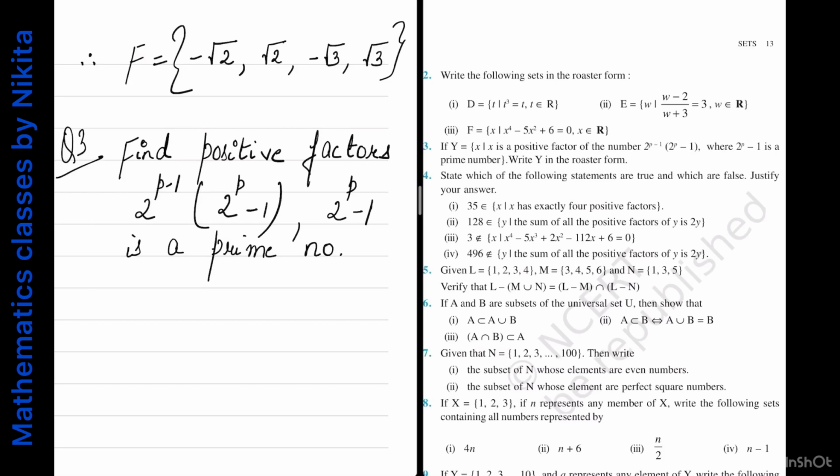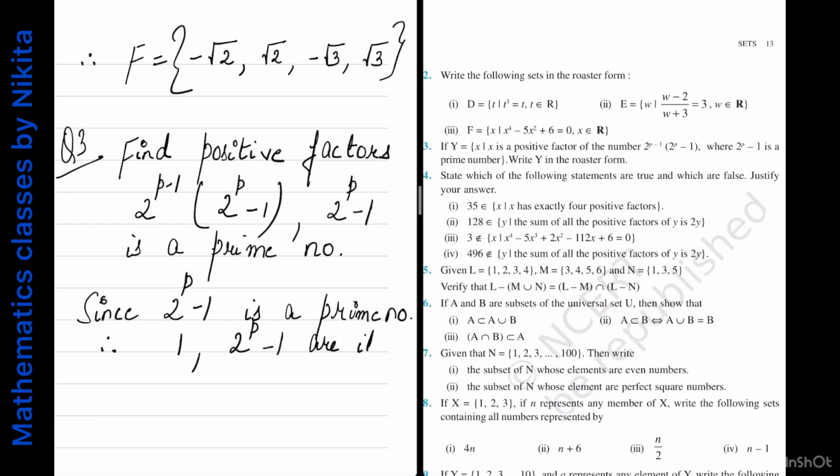Now, since 2 to the power p minus 1 is a prime number, it will have two factors, either 1 or the number itself. So therefore 1 comma 2 to the power p minus 1 are its factors.